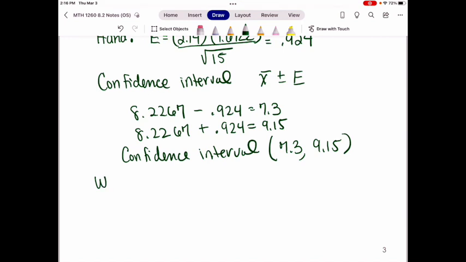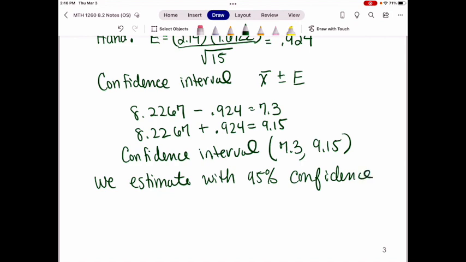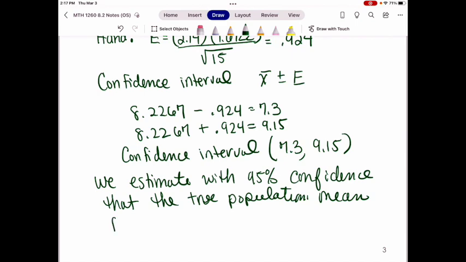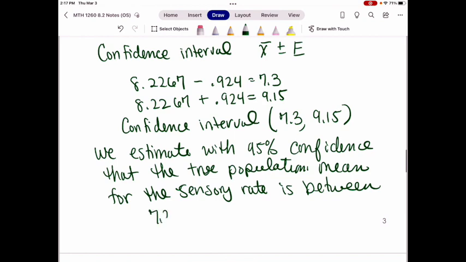Now, when I write my interpretation, I'm going to write that we estimate with 95% confidence that the true population mean for the sensory rate is between 7.3 and 9.15.